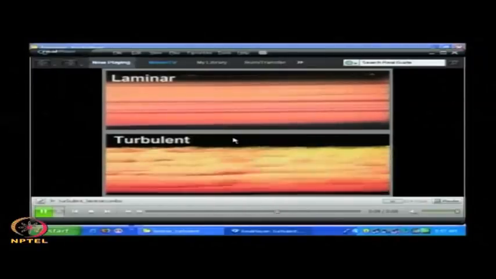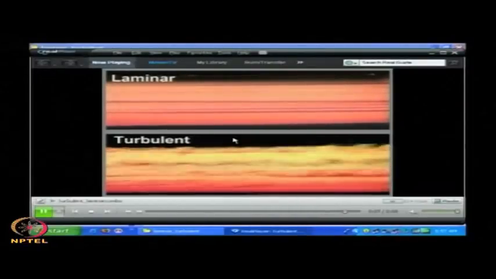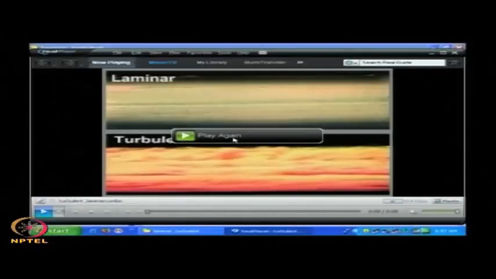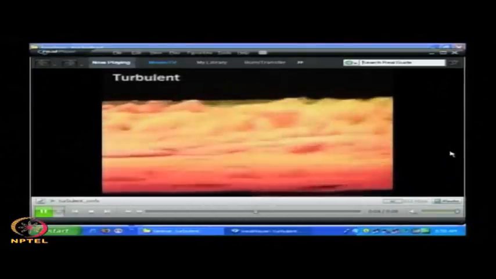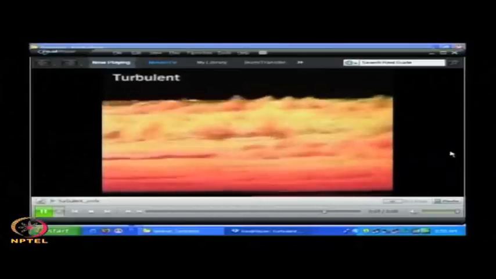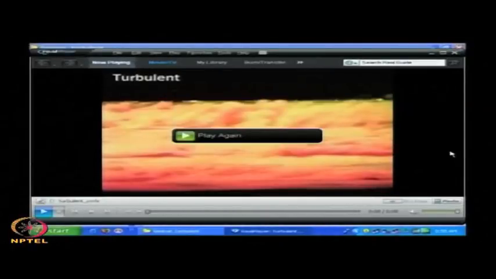The turbulent flow looks like a flow which has a lot of randomness with respect to time and also a lack of order with respect to space, and that is one of the hallmarks of a turbulent flow. If you look into the turbulent flow as it is, you can see that there are vigorously rotating structures in the flow which we call eddies, and these are randomly fluctuating with respect to time as well as with respect to space.